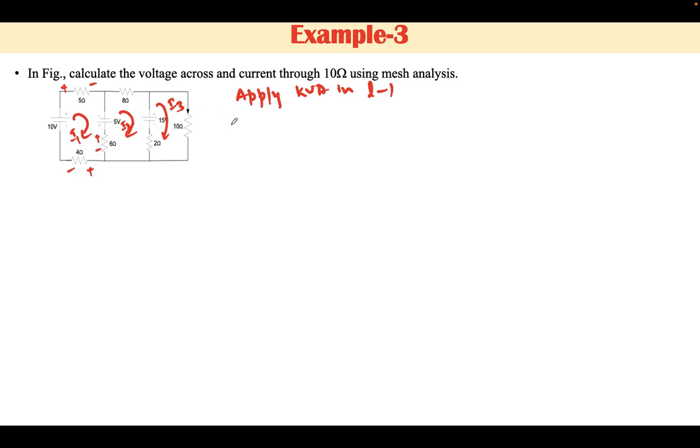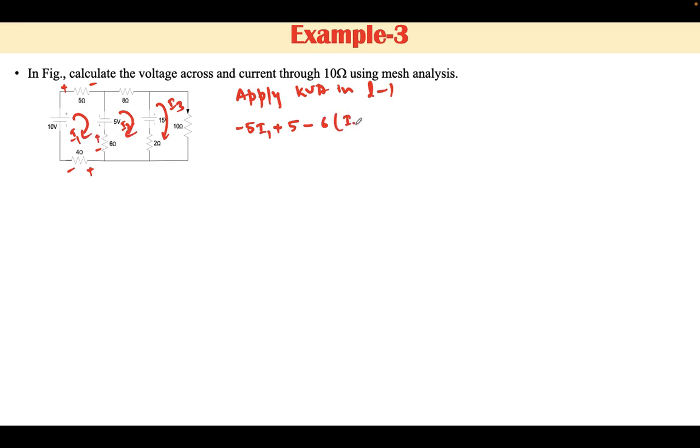Starting from the first, it will be minus 5 I1, minus 5, since we are moving from lower to higher potential, this is taken as plus, then higher to lower potential, this is taken as minus 6 times I1 minus I2, since the current in this resistance is the difference of these two.